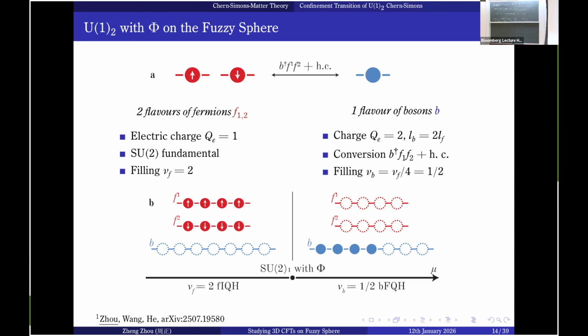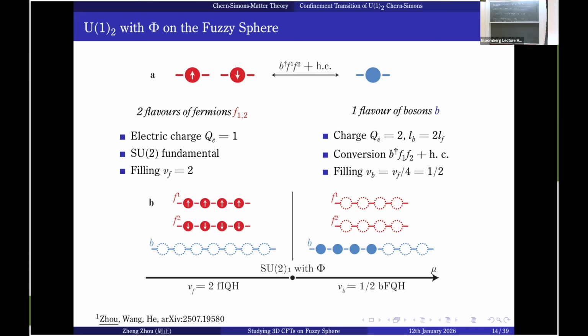So on the one side of the transition, we set the fermions to be completely filled and the bosons to be completely empty. This will give us a filling 2 fermionic integer quantum Hall state, which is an invertible TQFT. And on the other side, we move all the particles from the fermionic flavor to the bosonic flavor.